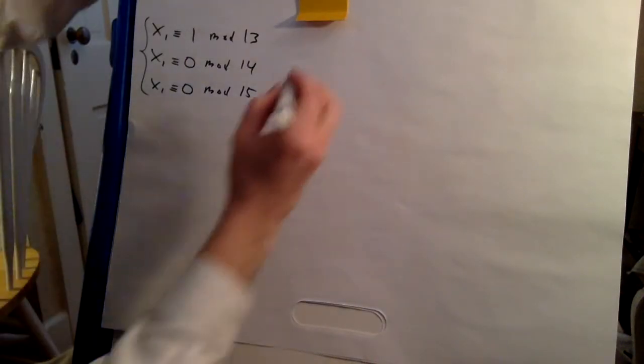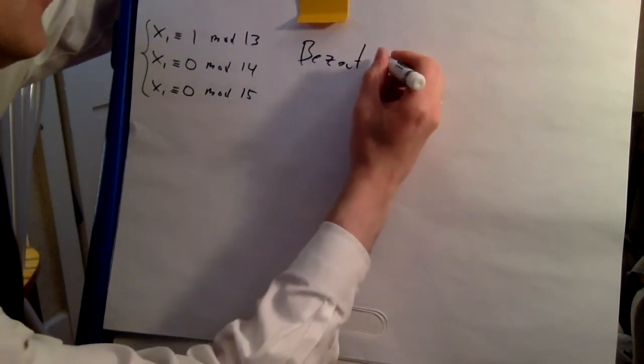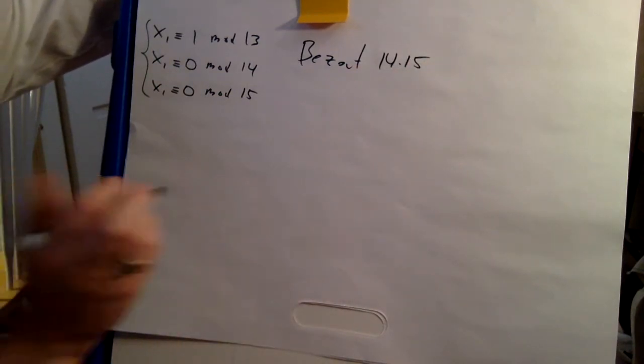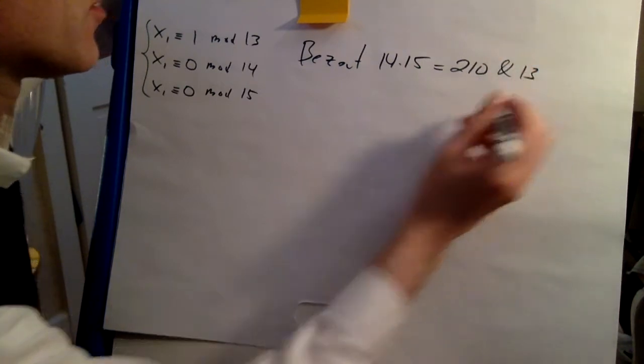So what we have to do now is to run the algorithm on 14 times 15. 14 times 15 is what? 210, and 13.